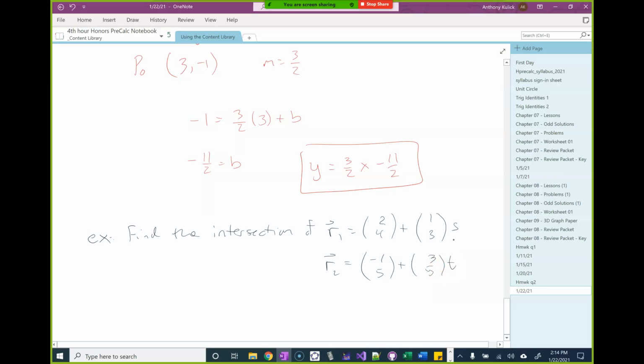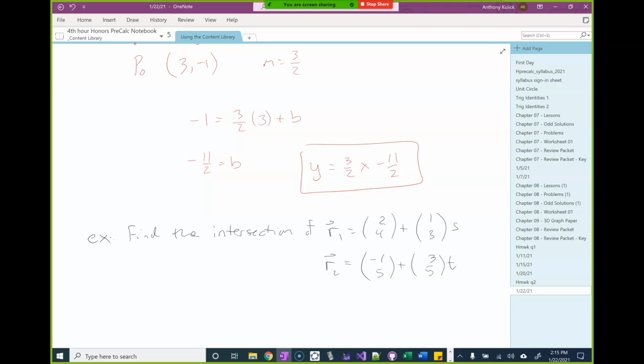Okay, so we want to find the intersection of these two lines. Well, one way you could do it would be to convert both of them back into slope-intercept form and use our Algebra 1 methods to find the intersection, but that's not very interesting, so let's do it using vectors.